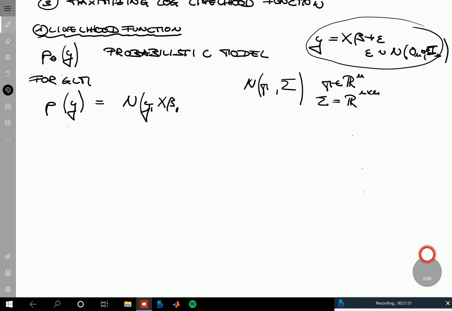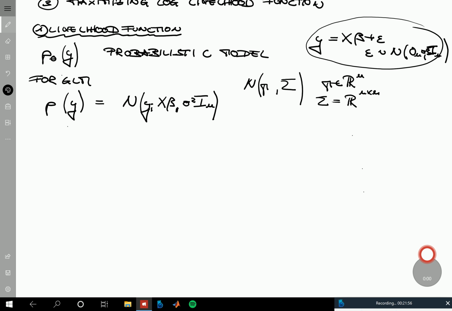It has to do something with the error, but the covariance matrix parameter of the data distribution is not the errors, but the covariance matrix of the errors. So that's sigma square I_n. So that's the probabilistic model in terms of looking at the distribution of the data for the GLM.